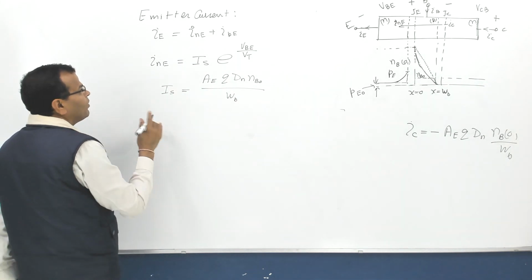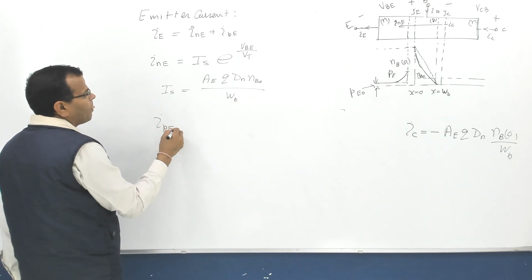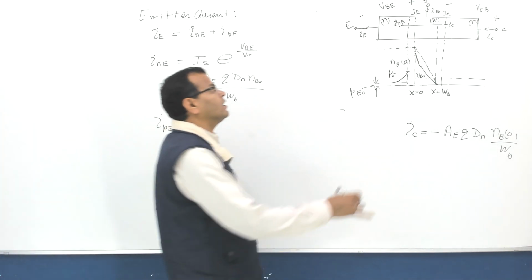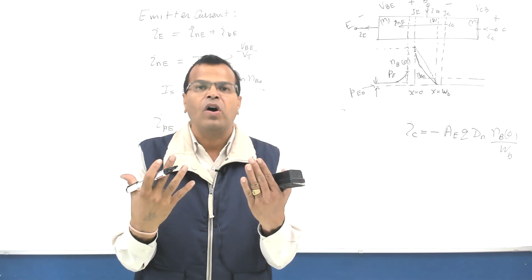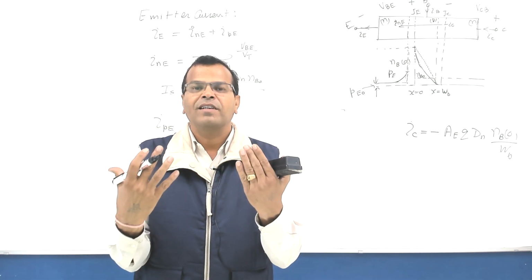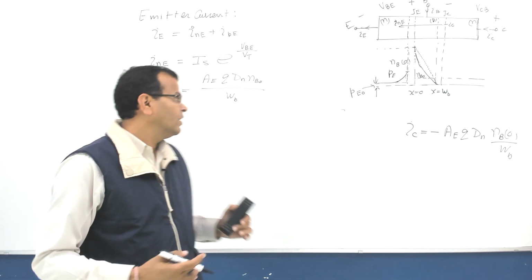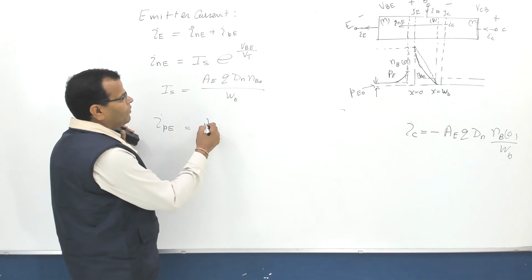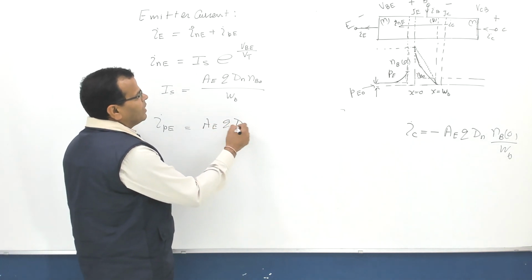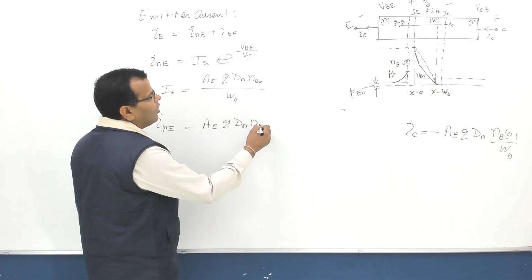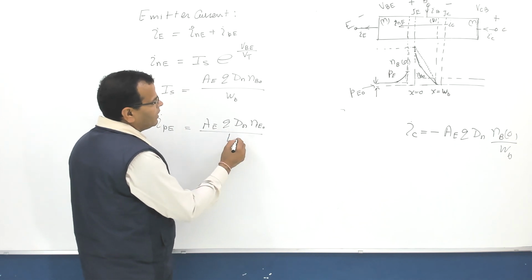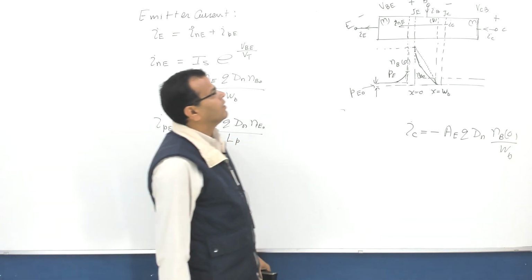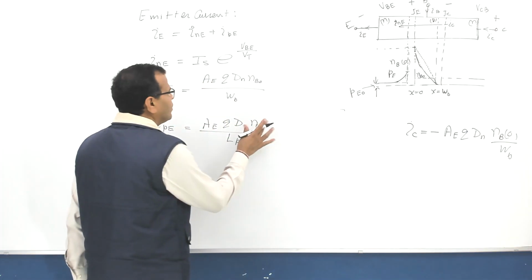The second component will be IPE, and that is the current at this point itself, at the junction itself. And again, please do recall the component of current in a diode, that is equal to the area of junction Q DP PE0 by LP.